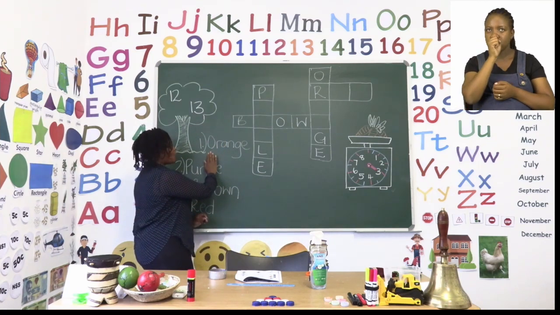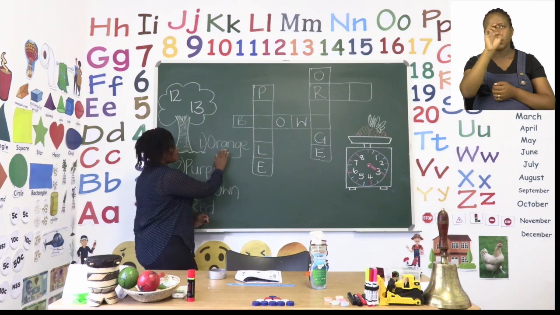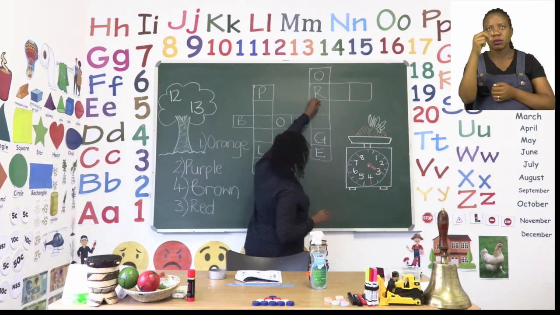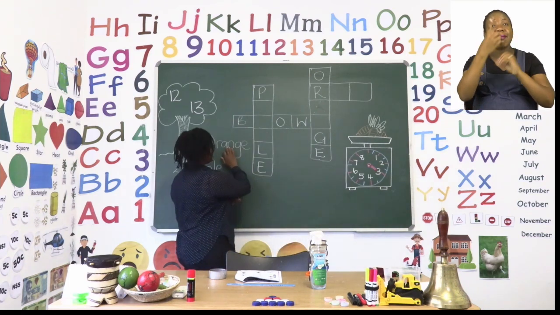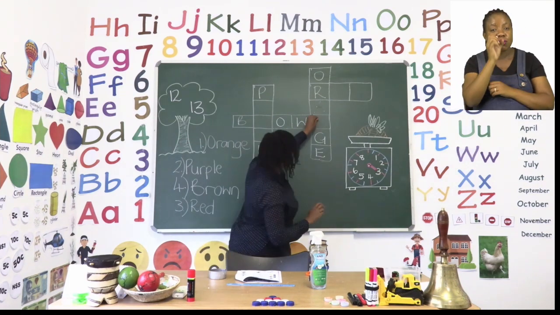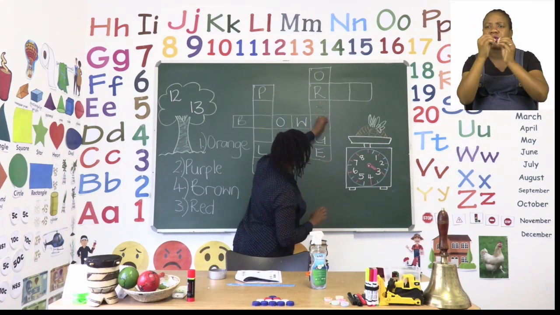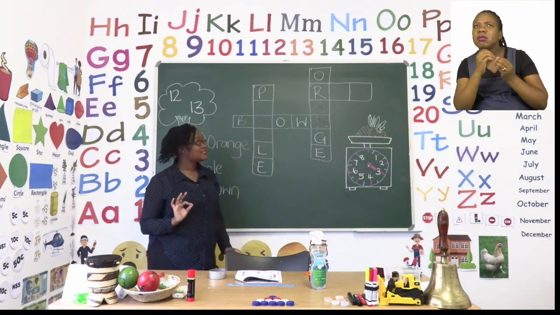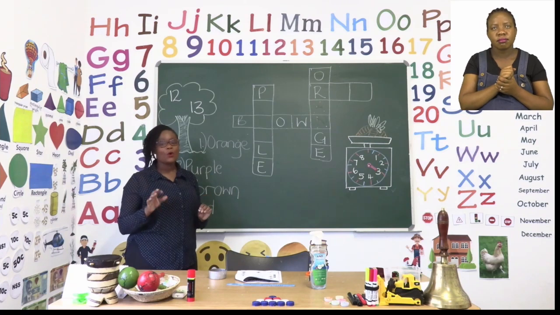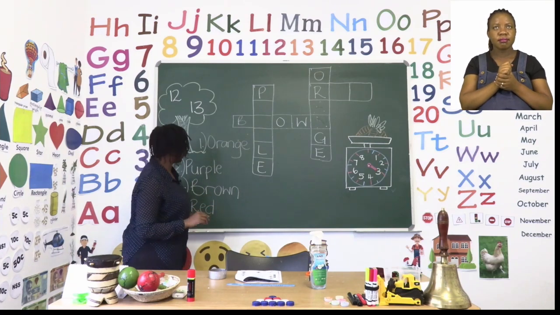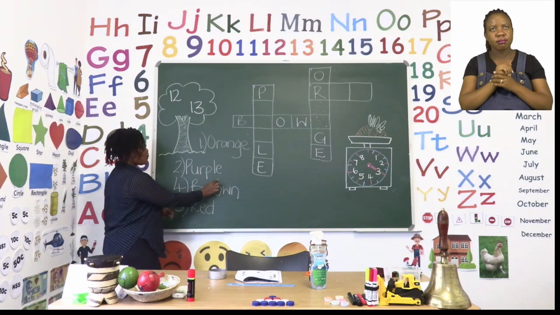We have our O, R, so we need an A, and then we need an N, and we are done with the word orange. Don't forget to tick as you go so that you don't try to find them again.